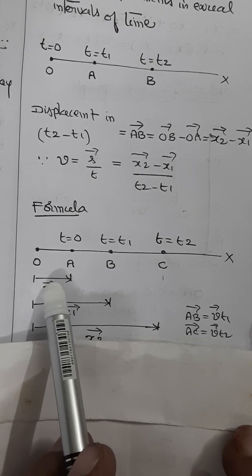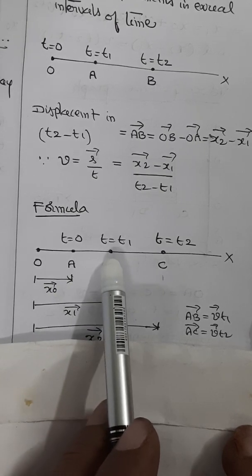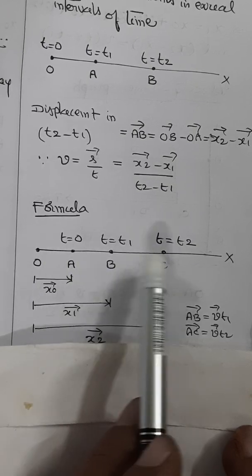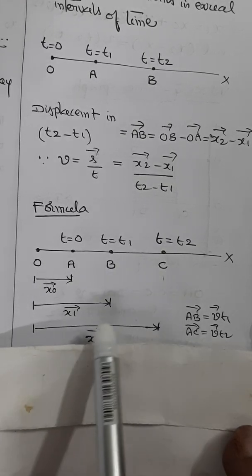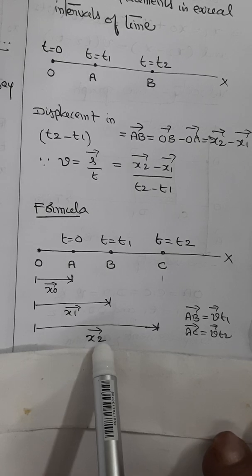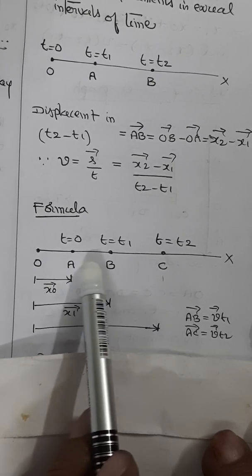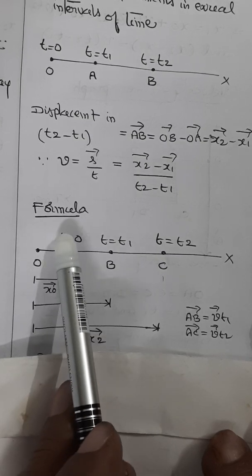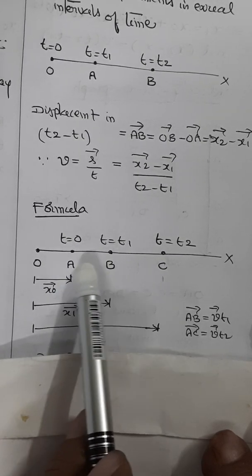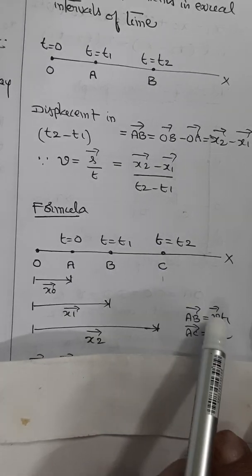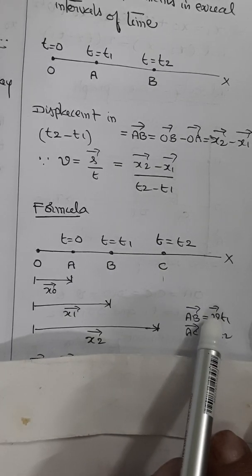Let the object be at positions B, that is at x1, and vector OC at C as x2. That means if you take AB, it will be the velocity into the time interval, that is vector v into t1, and AC is vector v into t2.